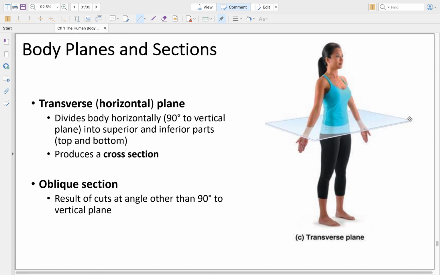Pretty easy. Now, oblique. Oblique is diagonal. So I'm going to label this. Okay, this cut is the oblique.